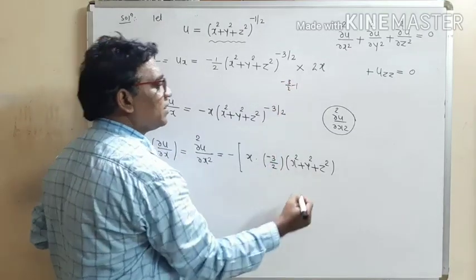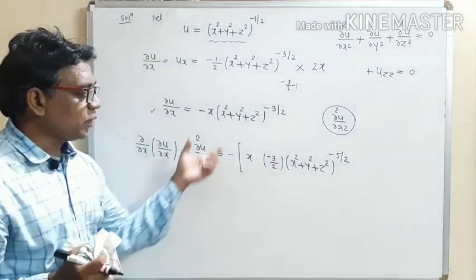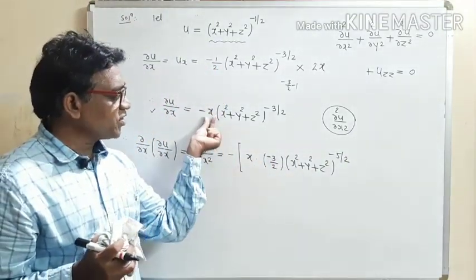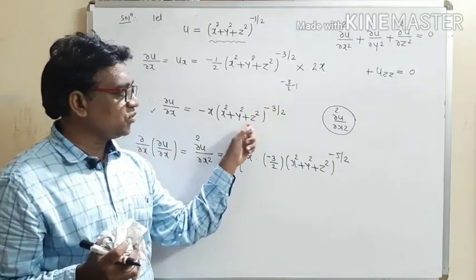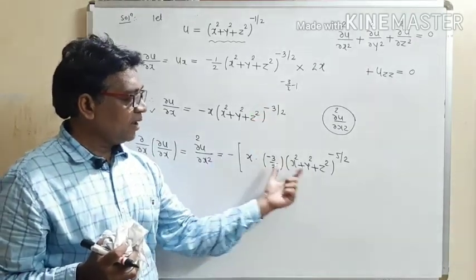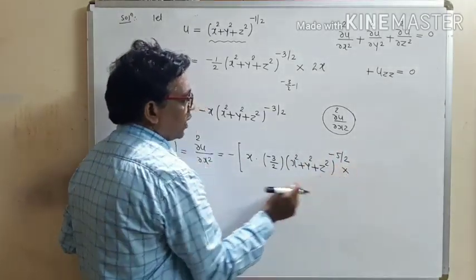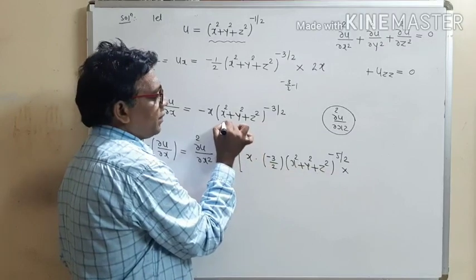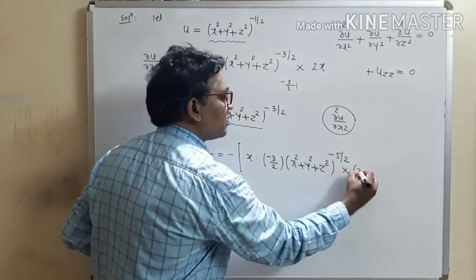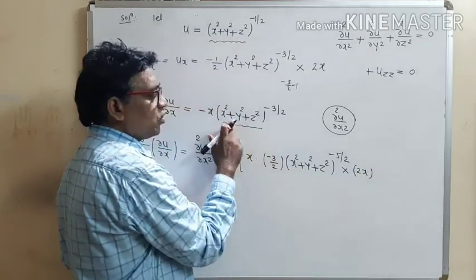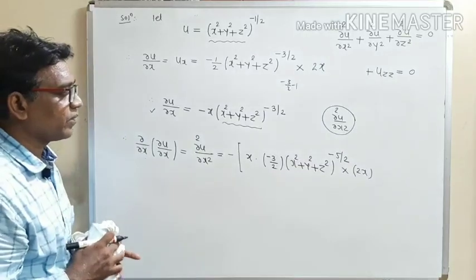So minus 2 and minus 3, this is minus 5/2. So this is our product formula. First term as it is, x into the derivative of this second term. So use the x raised to n formula, n x raised to n minus 1 into, according to chain rule, multiply by the derivative of this inner function. Derivative of x² is 2x. Derivative of y² is 0, derivative of z² is 0 because it is a constant term.